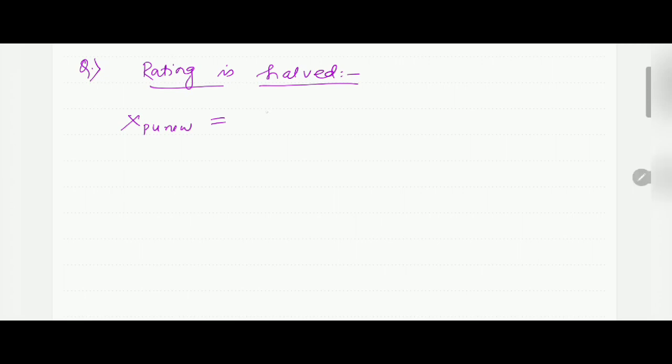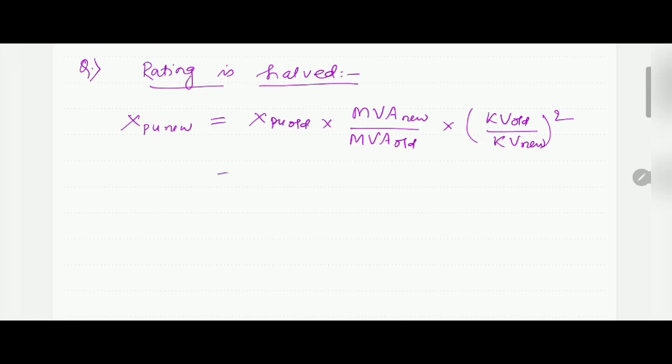So X per unit new will be equal to X per unit old multiplied by MVA base new divided by MVA base old multiplied by kV old divided by kV new square.